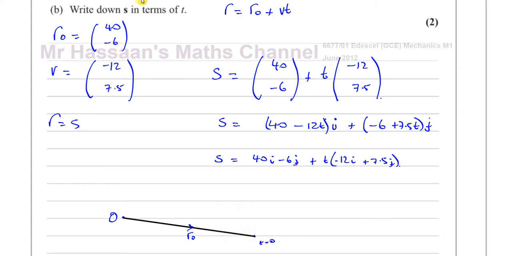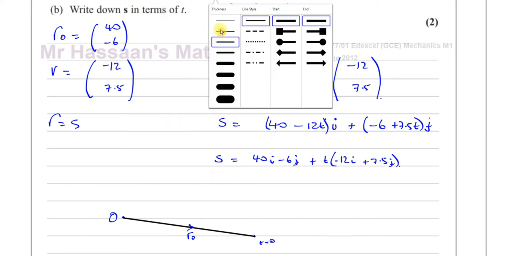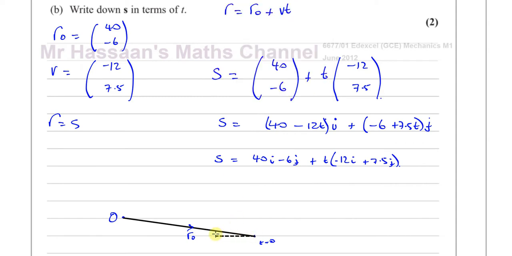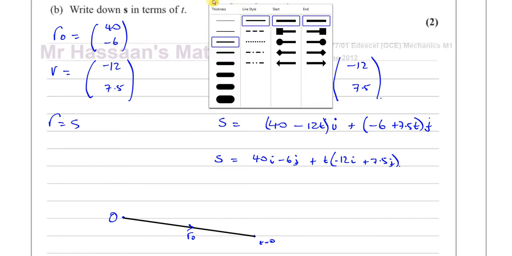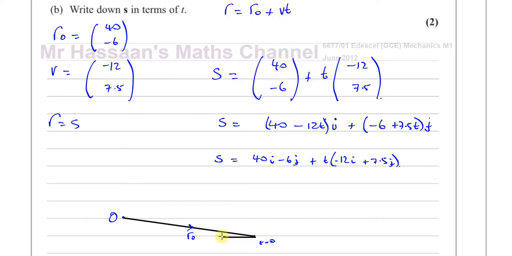So it's going somewhere 12 to the left and 7.5 up. So it's going somewhere like this. So it's like 12 across and let's say 7.5 up. So it's going to be something like this.